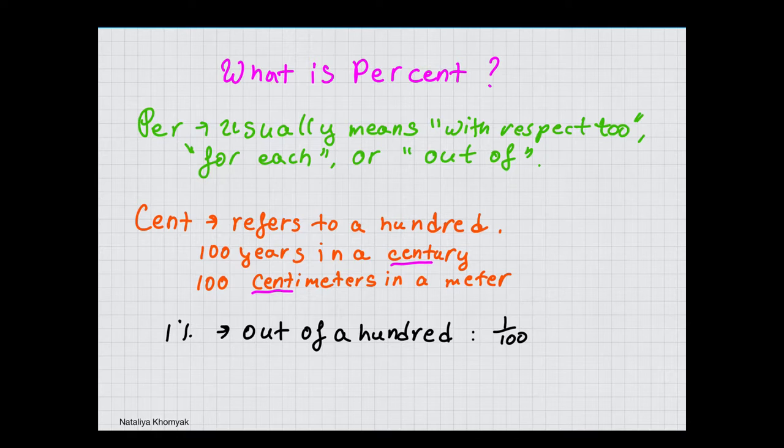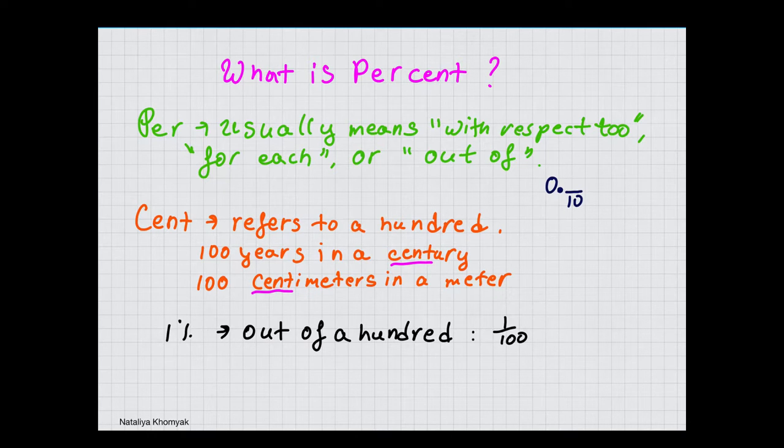1% is out of 100. An interesting thing about the decimal positional system is that if you have, let's say, 0 point, the first number right after the decimal point is out of 10.